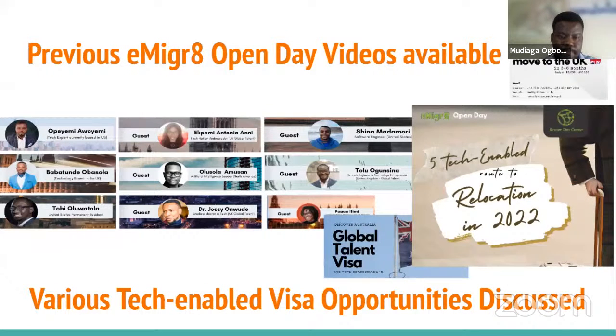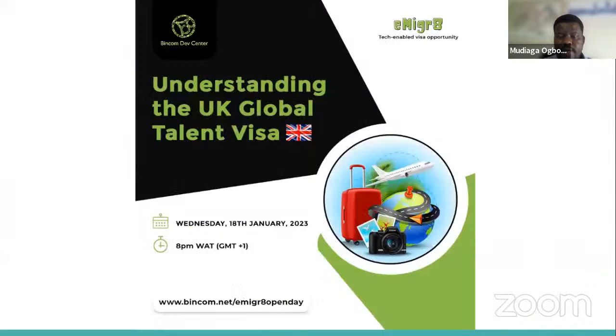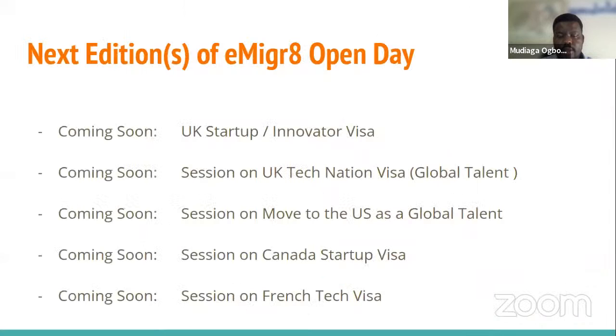We've talked about a lot of visa opportunities, moving to the UK, which is the startup visa. We've had guests extensively talk about the different routes and how to leverage what you have, your profile, your tech-enabled skill to migrate. If you haven't seen any of these videos, they are free. They're on YouTube. You could check them out after this session, right?